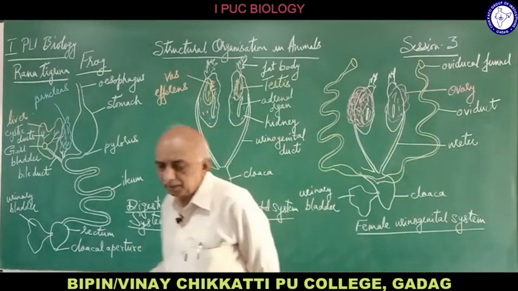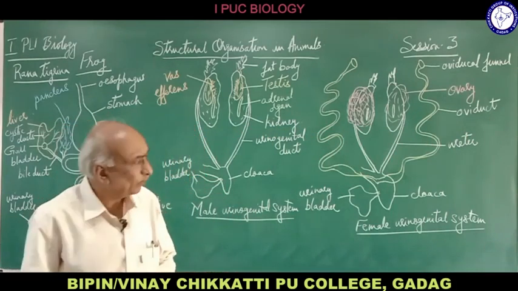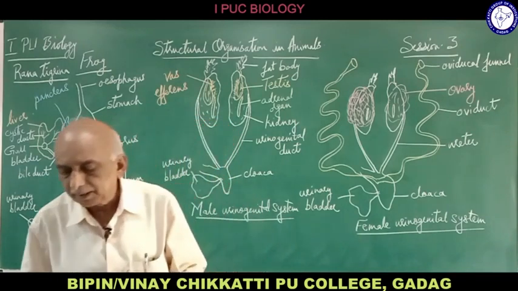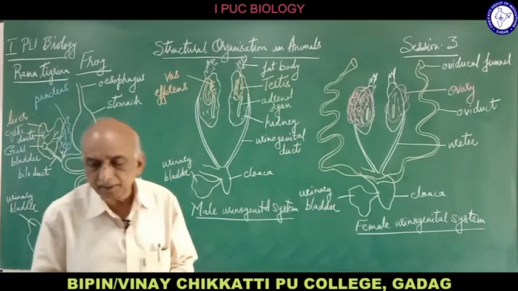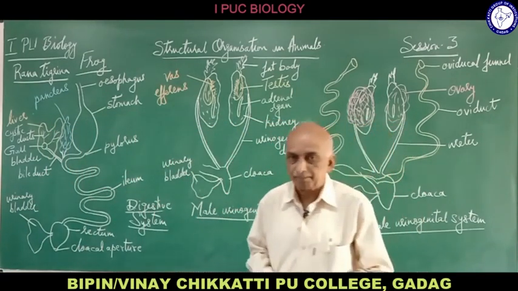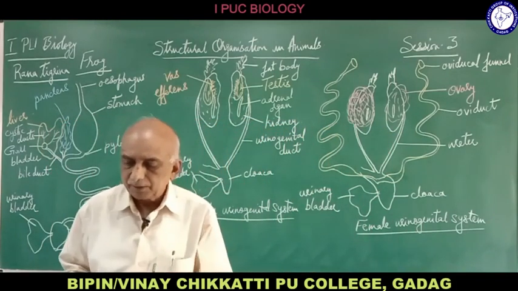Then when we come to the circulatory system of the frog, the heart is surrounded by the pericardial membrane, and it is made up of 3 chambers. The heart is muscular. The wall of the heart is made up of muscles, same as that of the human being.